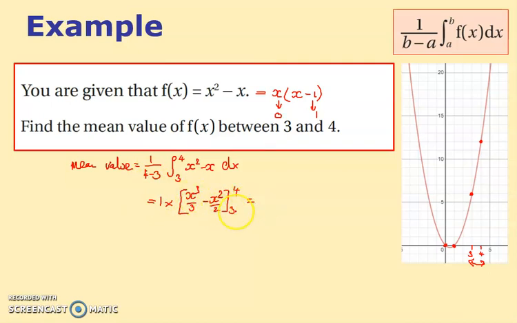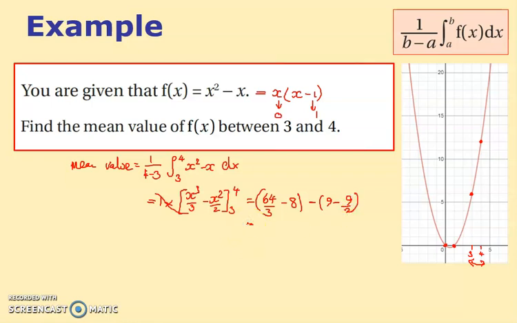And if I put 4 in, I get 64 over 3. Notice I'm already ignoring the 1 because that's not going to make any difference. Minus, I put the 4 in, that's 16 over 2, which is 8. Minus, now I put the 3 in, 3 cubed is 27, over 3 is 9. And 3 squared is 9, over 2 is 9 over 2.